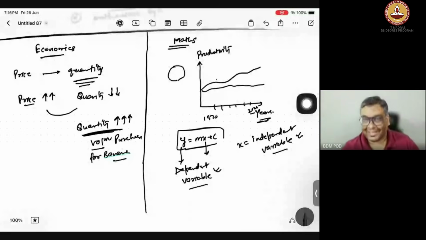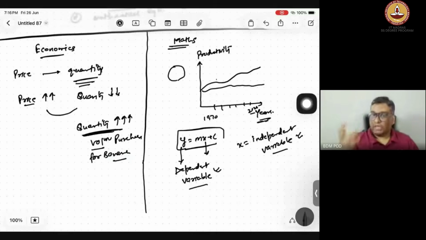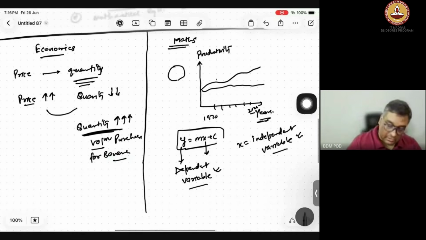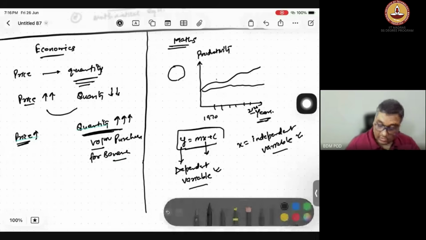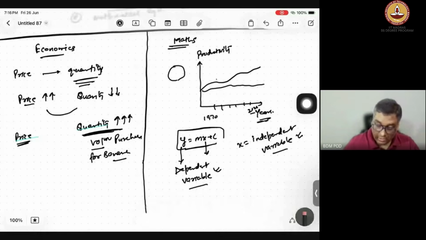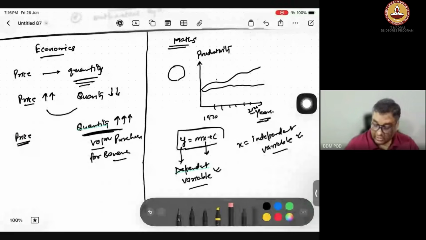If you purchase 20 kgs, we will get a huge discount. So based on the quantity we are purchasing, the prices will change.